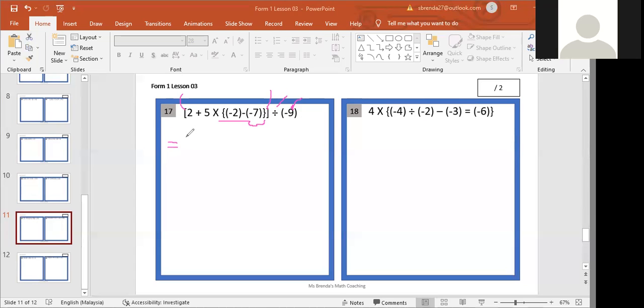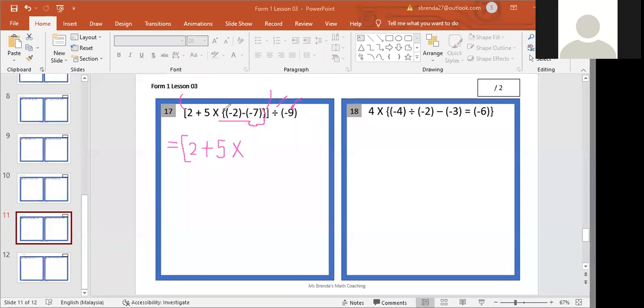So let's do it. How? First, you copy. You go and attack the innermost bracket. 2 plus 5 times, okay, 2 plus 5 times, guys, this is the other bracket inside the bracket.